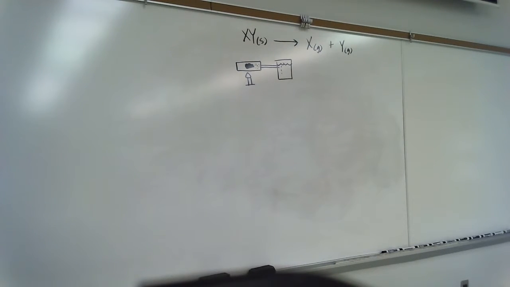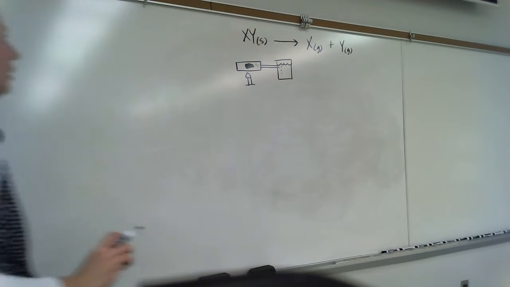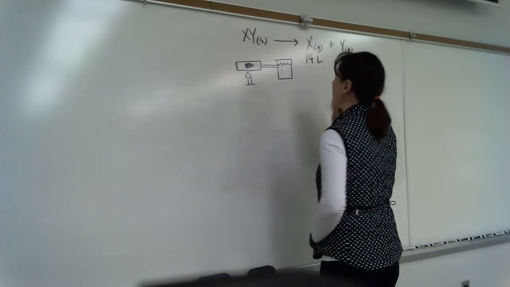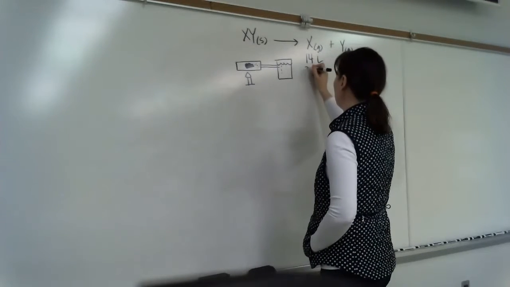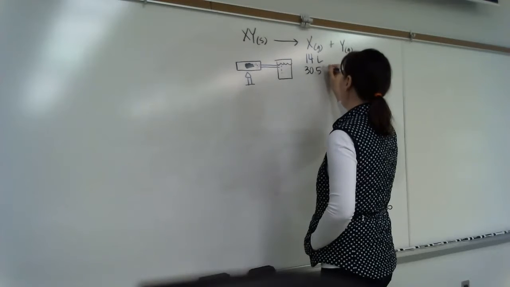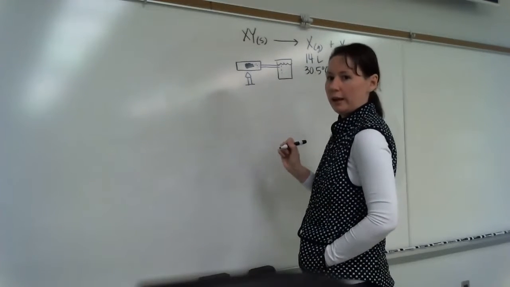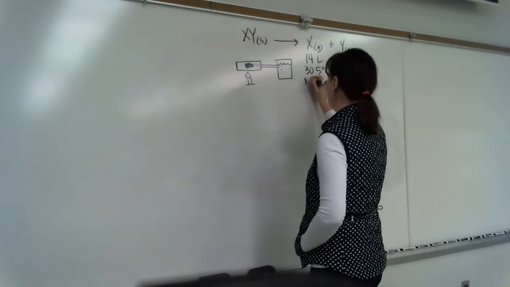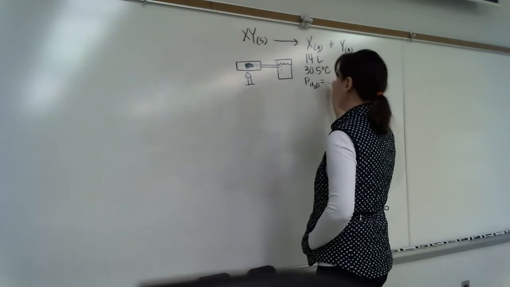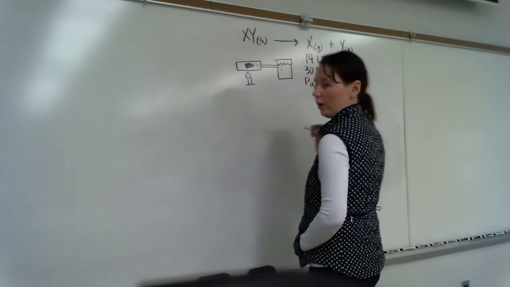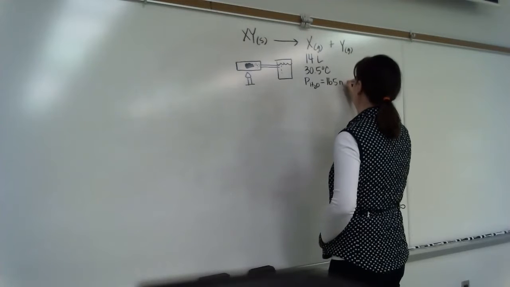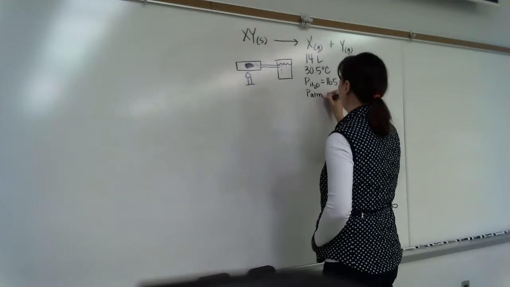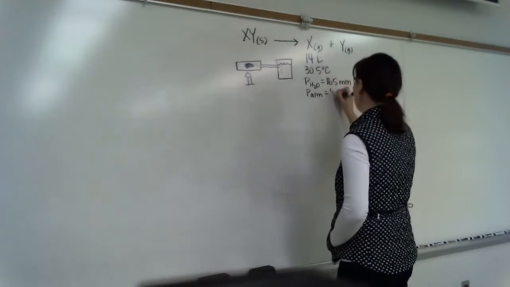Okay, let's give you some data here. We've got 14 liters, and it's at 30.5 degrees Celsius. And because this is over water, the pressure of the water is 165 millimeters mercury, and the atmospheric pressure is 878.